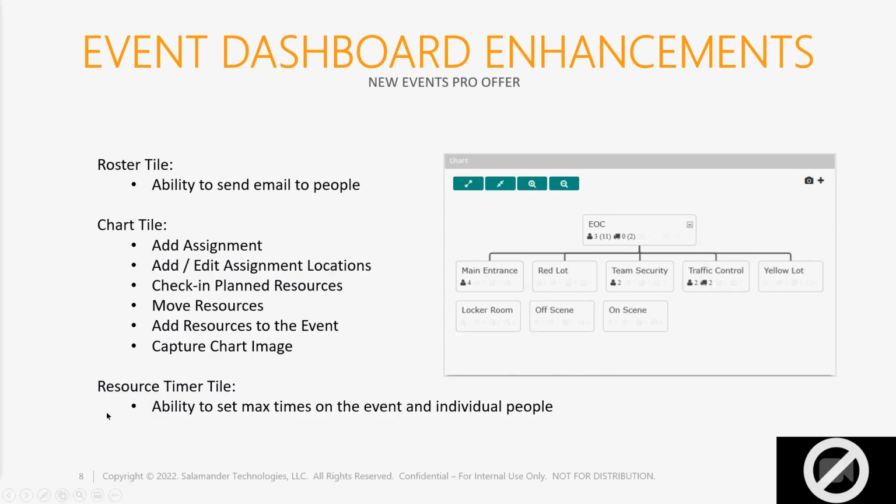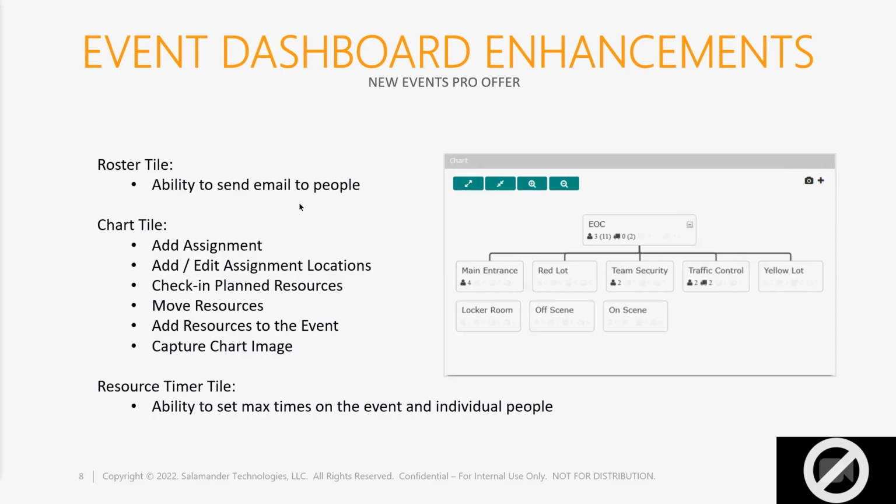And then with the Events Pro offer, you have the resource timer as well, the timer tile. This was always a part of just a basic SalamanderLive subscription, but it has been moved to this package. So as long as you have the Events Pro or Plans feature, you'll get all of these features.